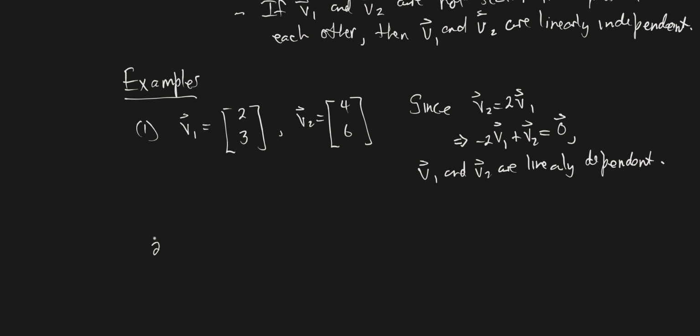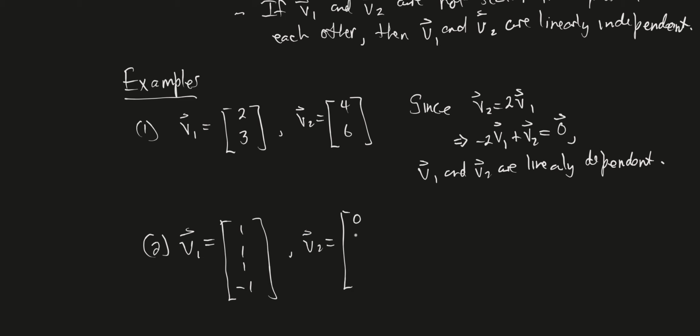What about, let's say, this pair? V1 is (1, 1) and (1, negative 1), and then V2 is (0, 1) and (2, 0), right? Well, it's pretty clear that these two vectors are not constant multiples of each other.